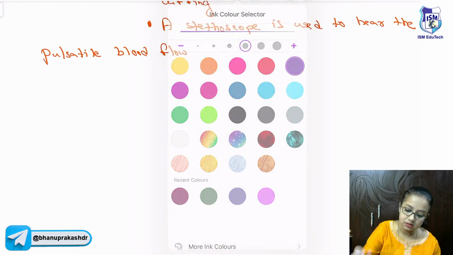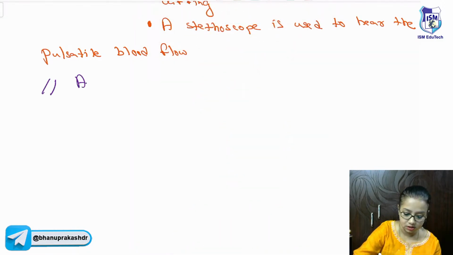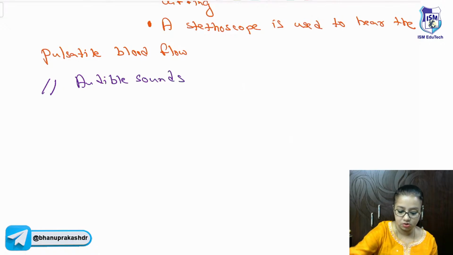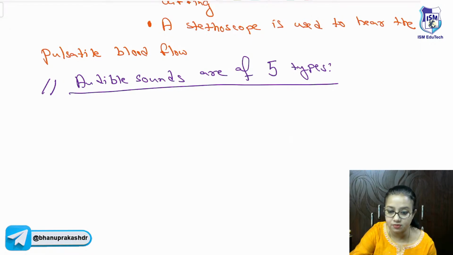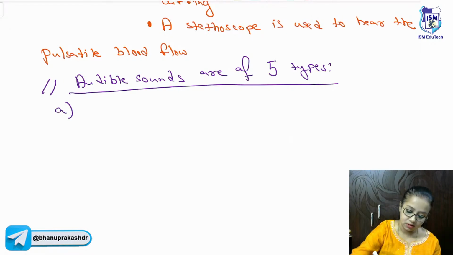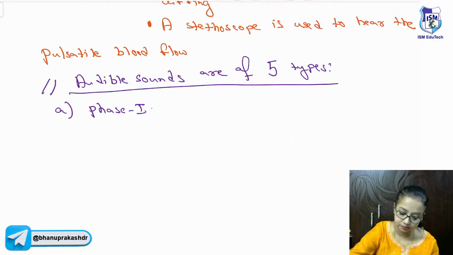Okay. Now, the audible sounds are of like 5 types. Okay. So they are of like 5 types in 5 phases. In phase 1, the sound is tapping type.